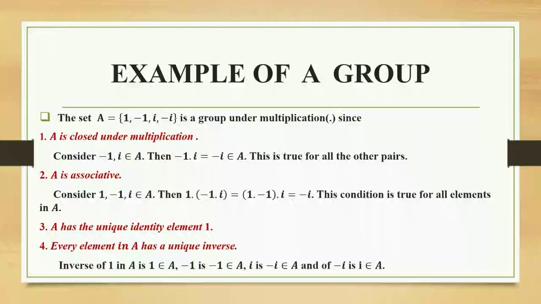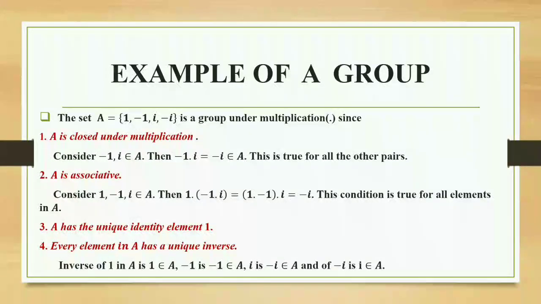Fourth property: every element in A must have a unique inverse. First, we consider the element 1 in A. Since 1 into 1 is equal to 1, the inverse of 1 in A is 1. Second, we consider minus 1. Since minus 1 into minus 1 is equal to 1, the inverse of minus 1 is minus 1.